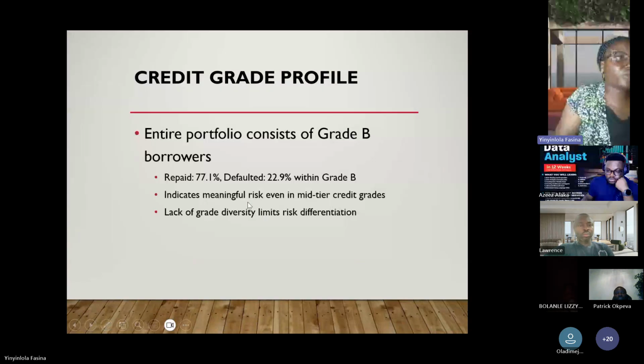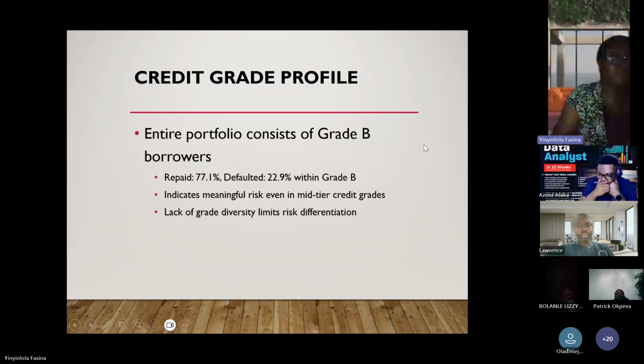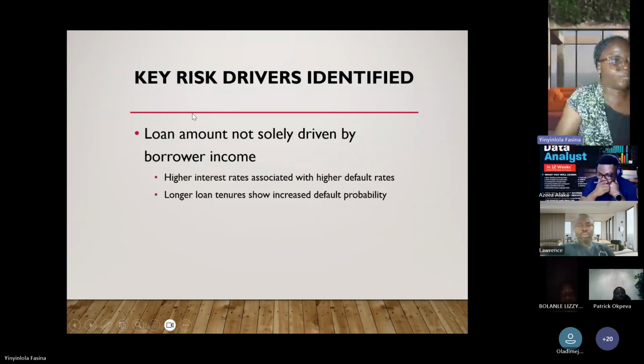So for the credit grade profile, the entire portfolio consists of grade B borrowers. Among these, 77.1% were able to repay their loans, and 22.9% defaulted within grade B. This indicates meaningful risk, often in mid-tier credit grades, and lack of grade diversity limits risk differentiation.